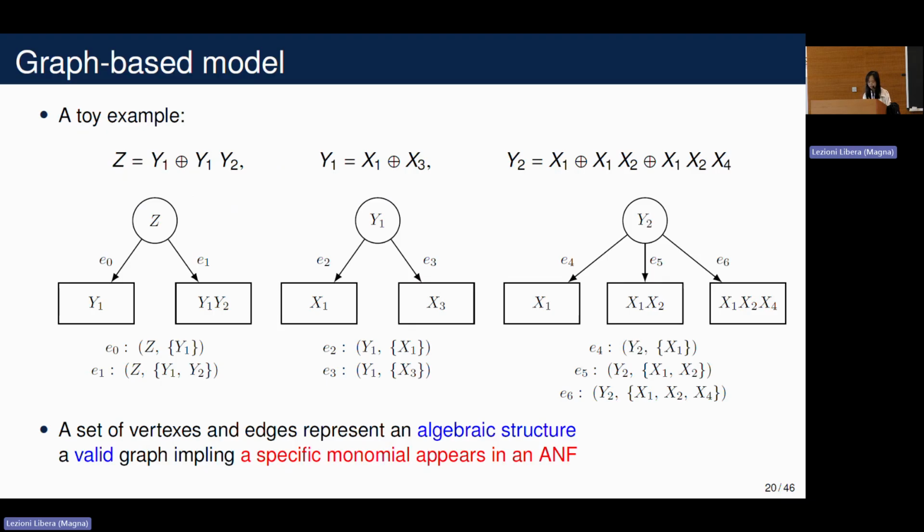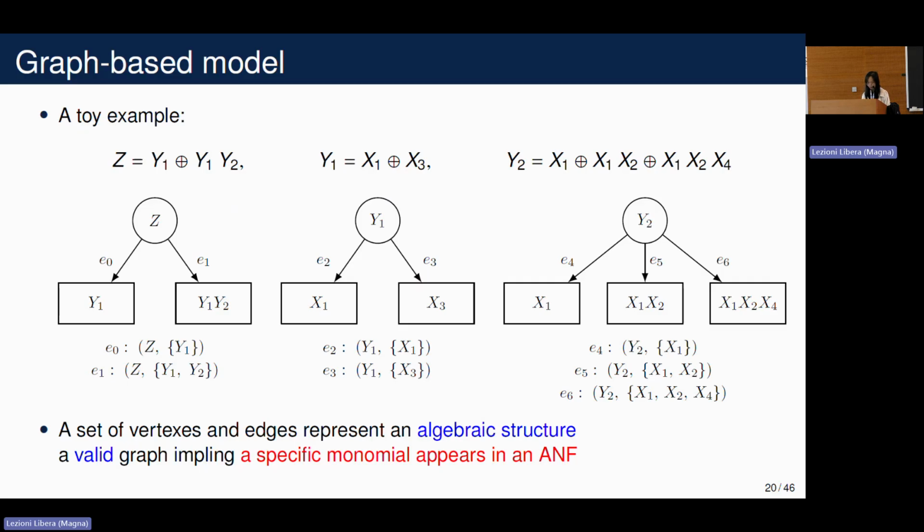Here's a toy example. These are the ANFs of Z, Y1, and Y2. The vertex Z has two outgoing edges, which point to Y1 and to Y1, Y2. This means that the two monomials appear in the ANF of Z, and Y1, Y2 also have several edges pointing to the axis.